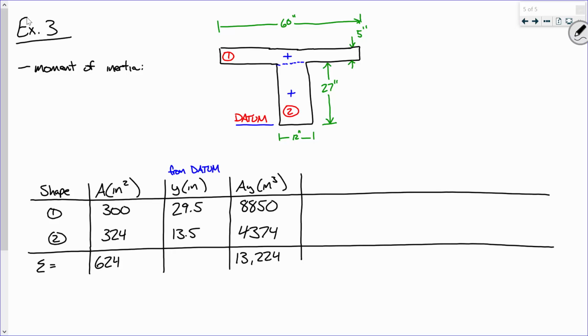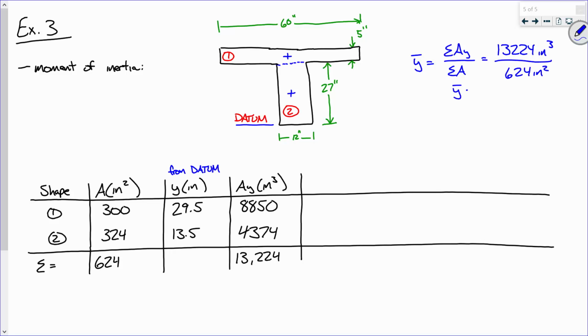I can use these quantities to now determine the centroid of the whole shape, and I'm going to do that up here up top. I'm going to say that the centroid is the sum of AY over the sum of A, which is 13,224 cubic inches divided by 624 square inches.